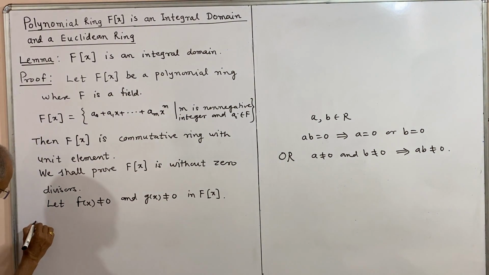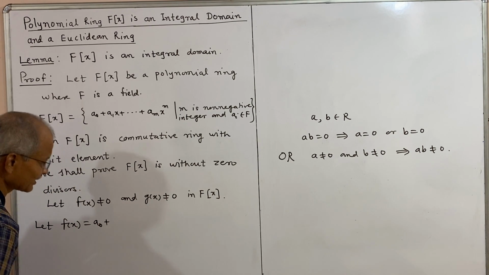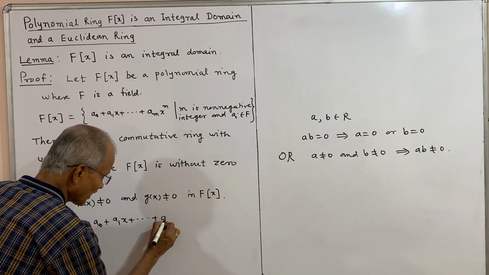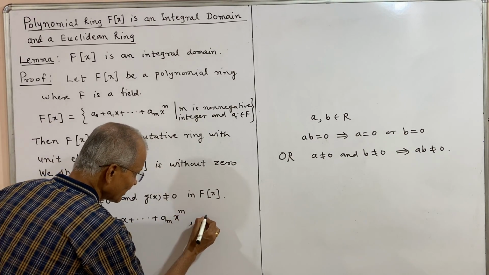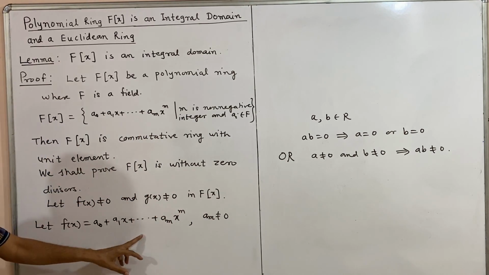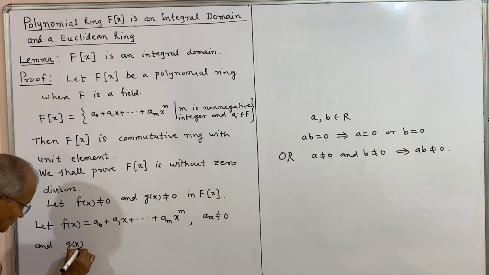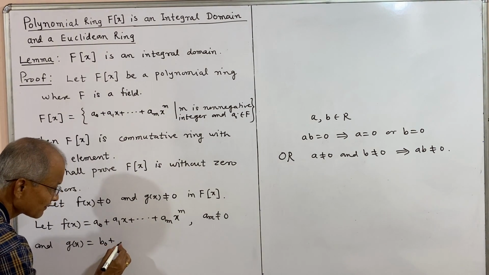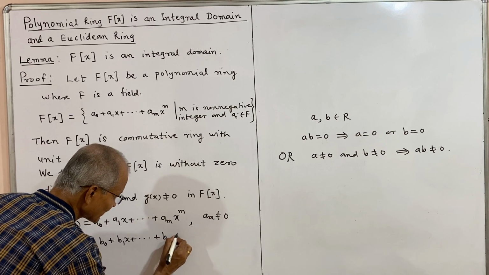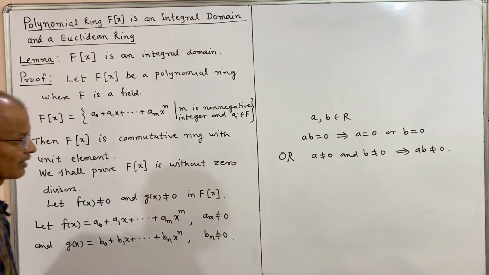Let f(x) be equal to a0 plus a1x plus so on up to am x to the power m. Here am is not equal to 0, then only the degree of this polynomial will be m, and g(x) is equal to b0 plus b1x plus so on up to bn x raised to n, and here bn is not equal to 0.